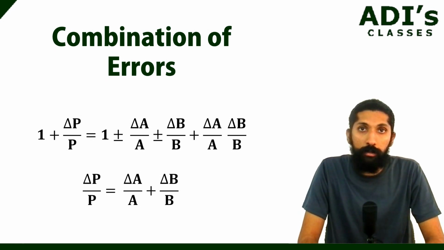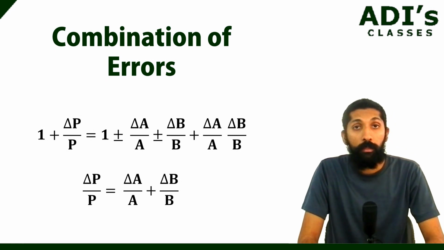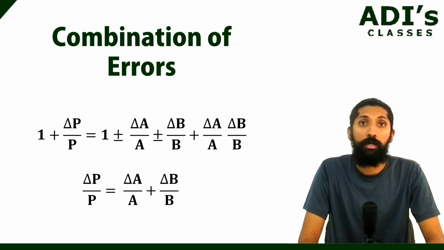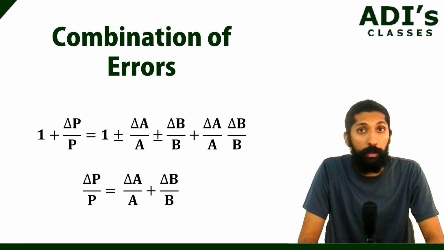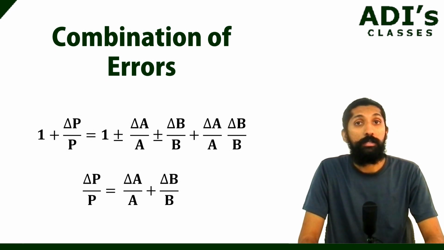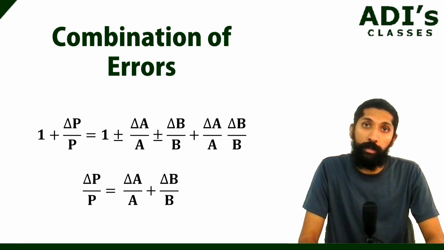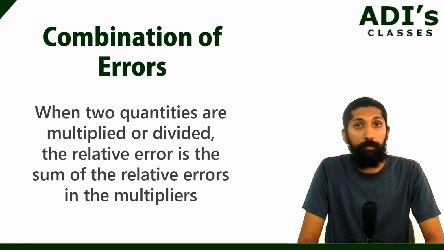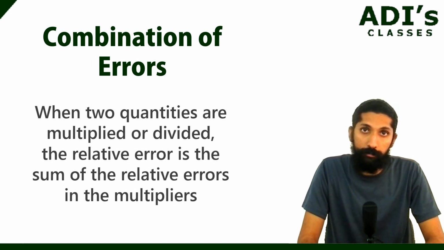Isn't it relative error? So to summarize, in product or quotient, if you have two quantities on which you are doing a mathematical operation of multiplying or dividing, then the error you get is equal to the sum of their relative errors. Okay, in sum or difference it was absolute. Here it is going to be relative error.